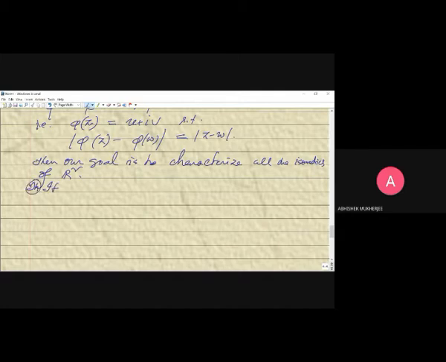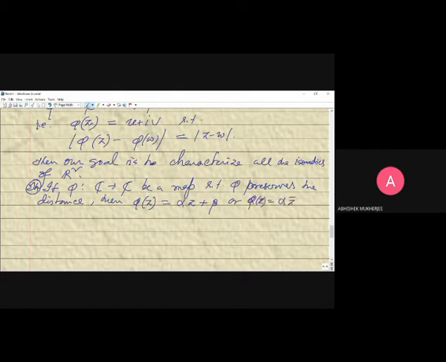Theorem: if phi from C to C is a map such that phi preserves the distance, then you can prove that phi z is either alpha z plus beta, or phi z is alpha z bar plus beta, with the modulus of alpha equal to 1.